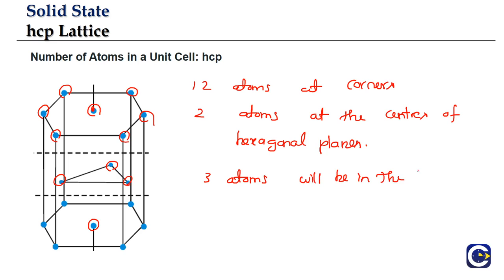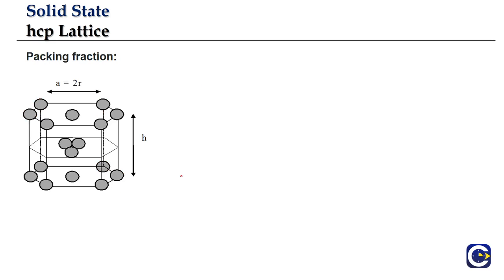So 3 atoms are going to be in the body of the HCP unit cell. So this is how we'll have the arrangement of the atoms.